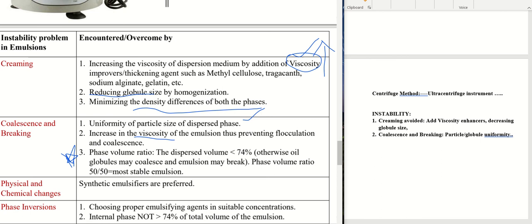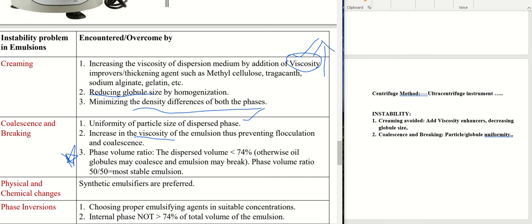We'll get a more stable one. If the internal phase or the external phase have different proportions than the prescribed proportion, then there might be a chance for coalescence or a fusion of globules.